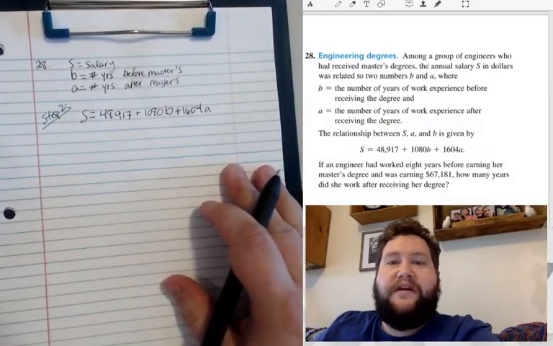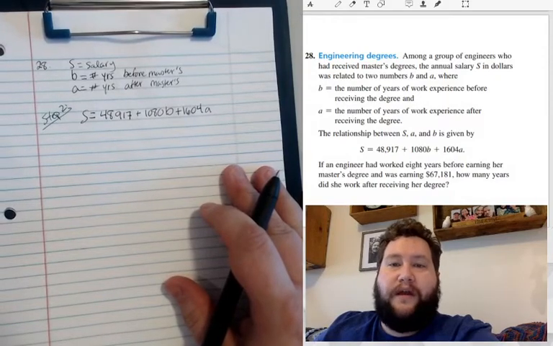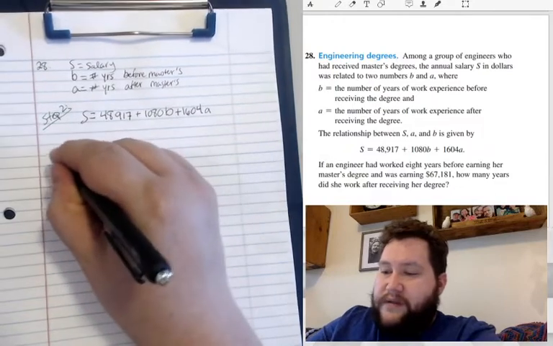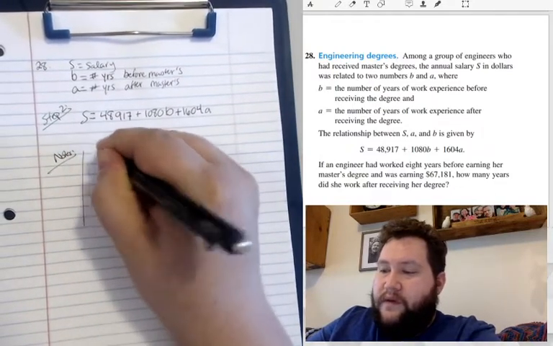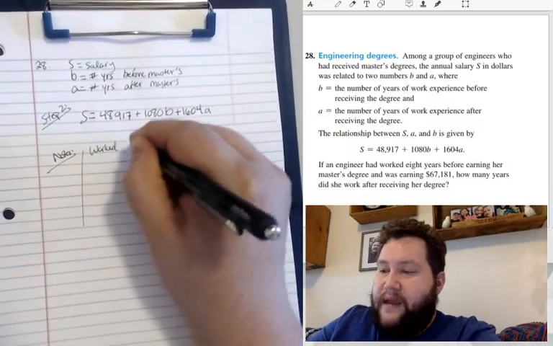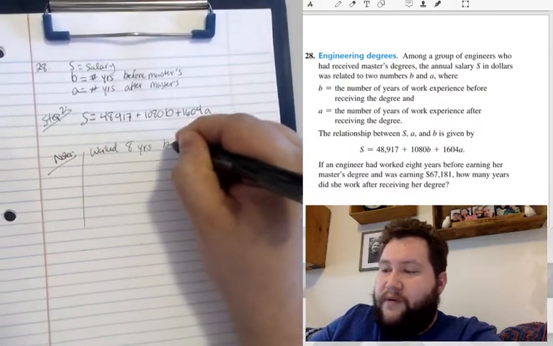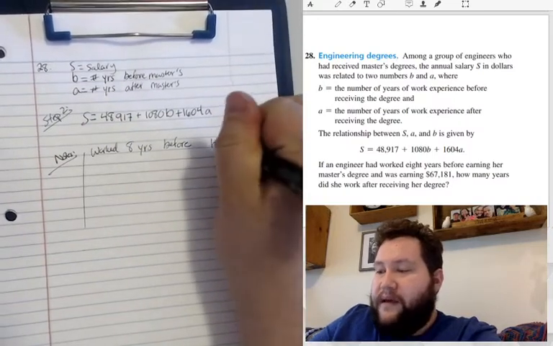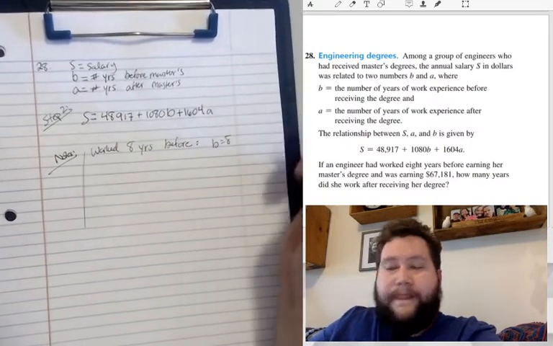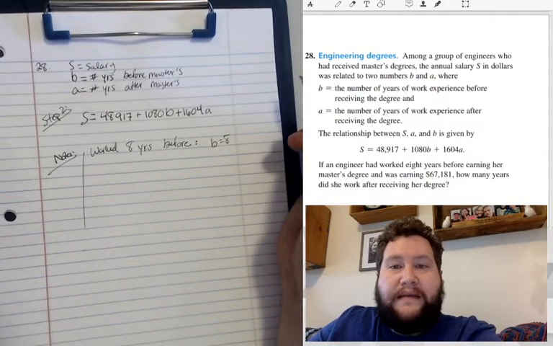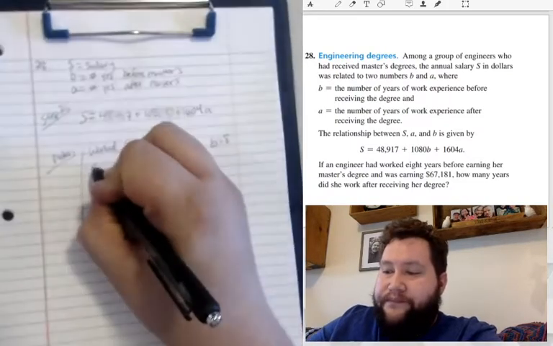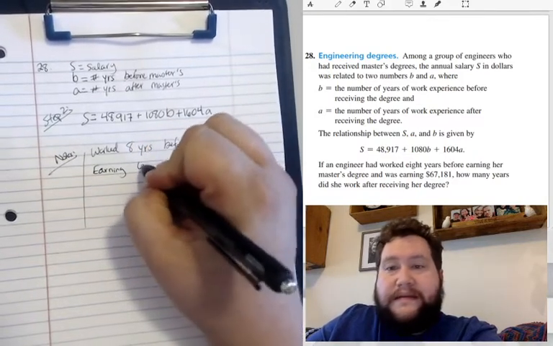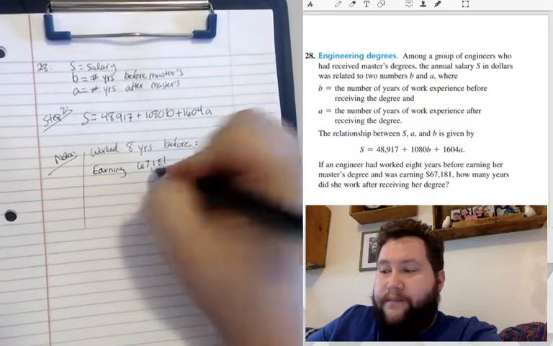It says if an engineer had worked 8 years before earning her master's degree, so just some notes. Worked 8 years before, B being number of years before, so B equals 8, and was currently earning $67,181.